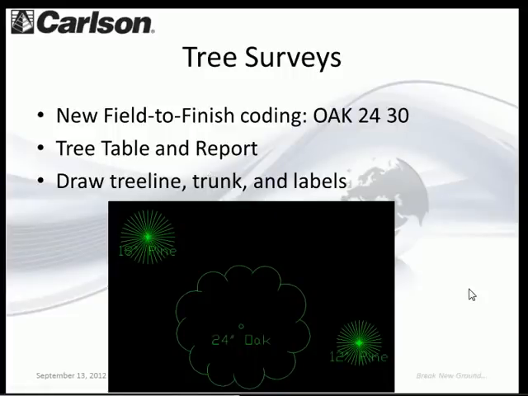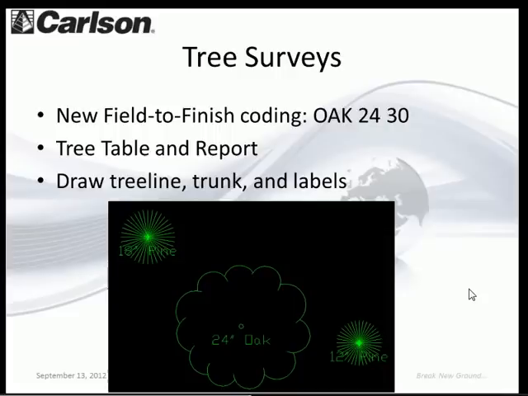Okay, tree surveys. Field to Finish already had some coding for tree shots, but we added some new coding methods in 2013. And we added a new option to create a tree table and a report.